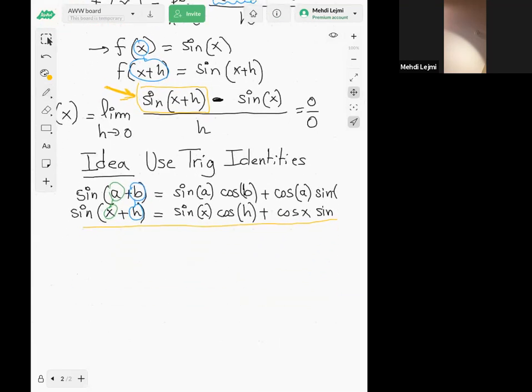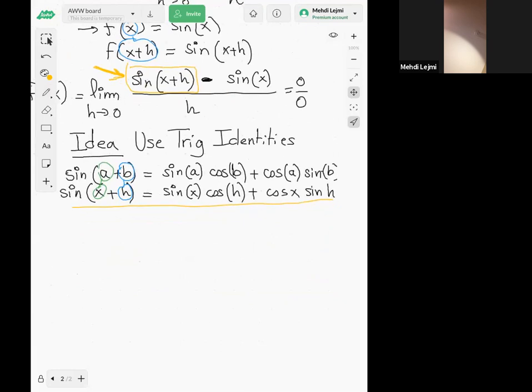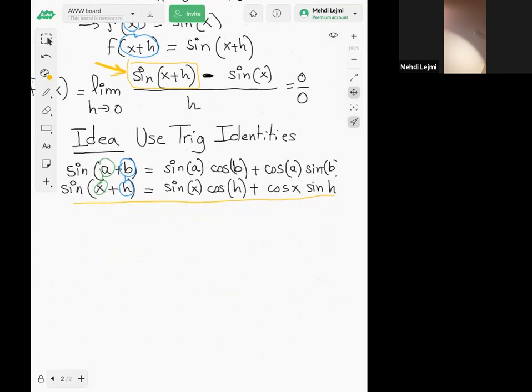So my f prime of x is the limit as h goes to 0, and as I said, I have sine of x plus h, which will be sine of x cosine of h plus cosine of x sine of h.